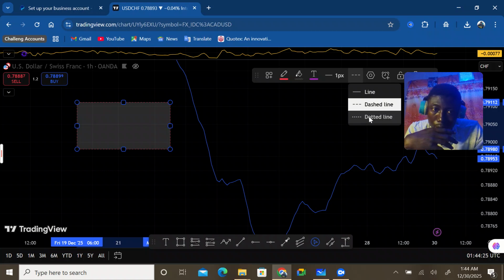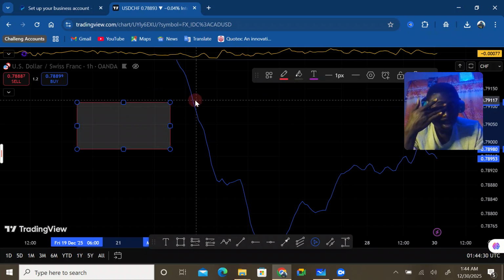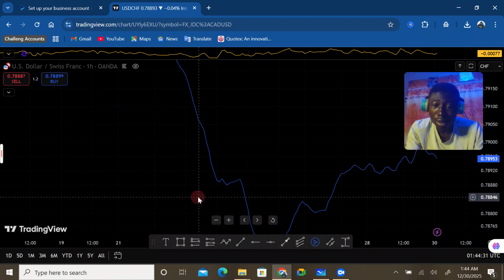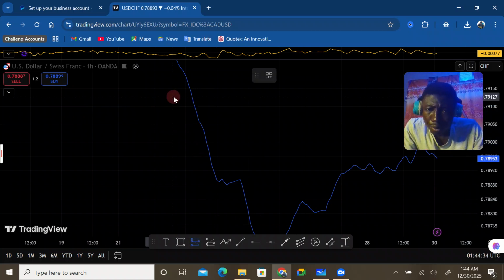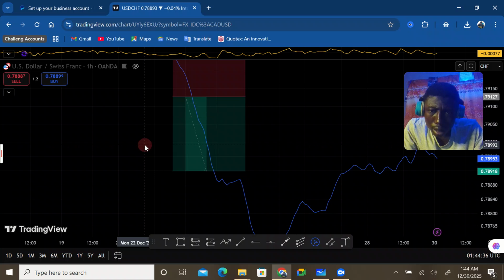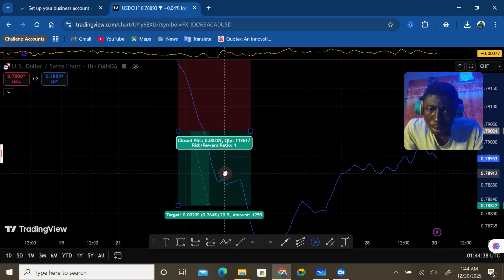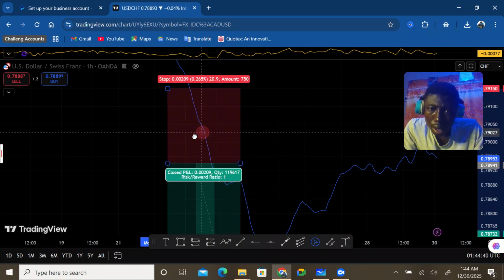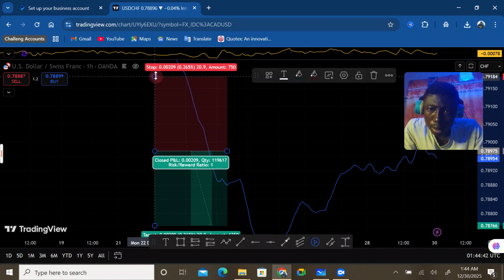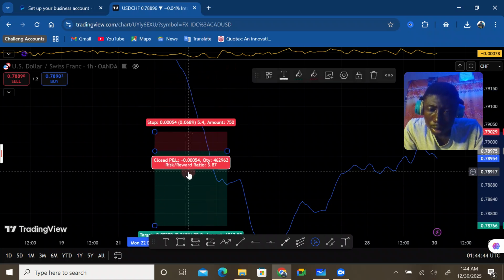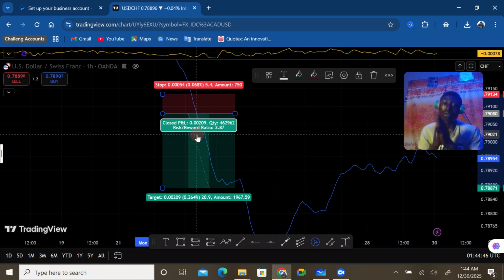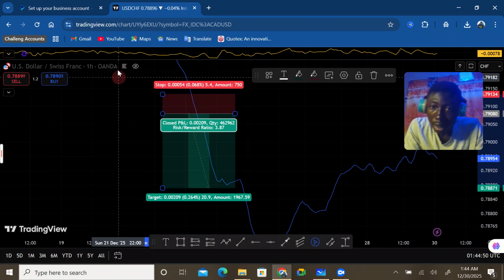You see, all these are parts for you to use. And also we have this over here to calculate our moves of the market, and this is how we go about it. If the trading, like this one is used for, let's say for instance, let me unlock this thing.